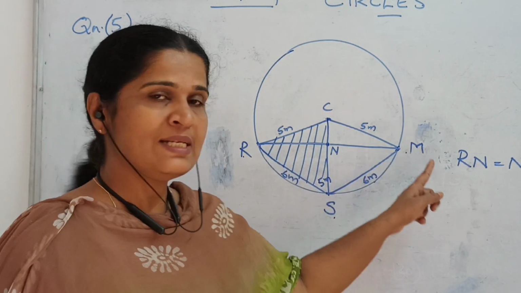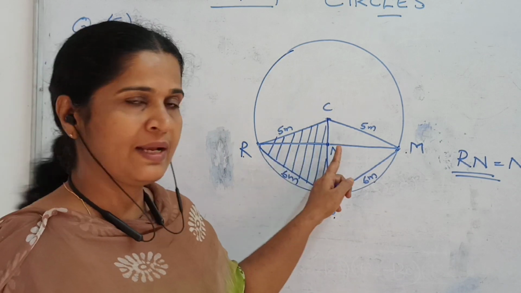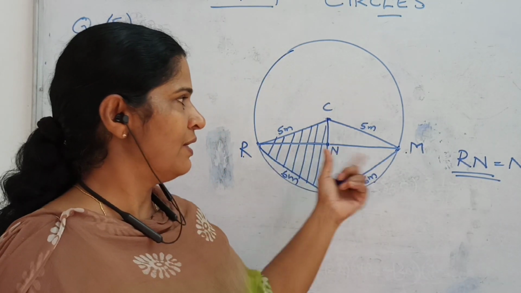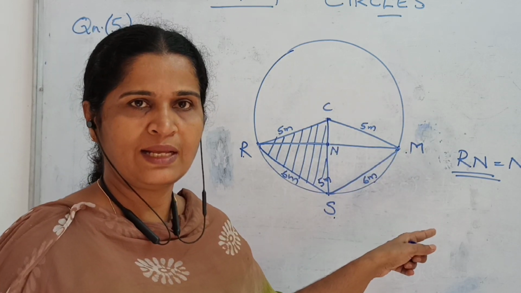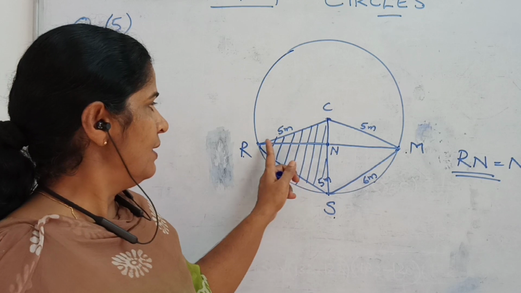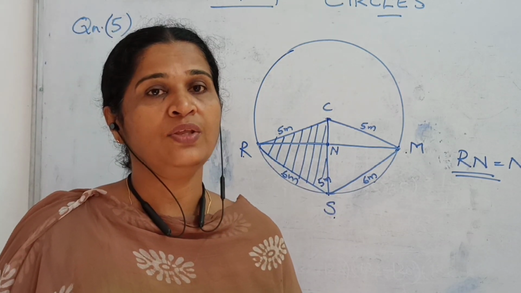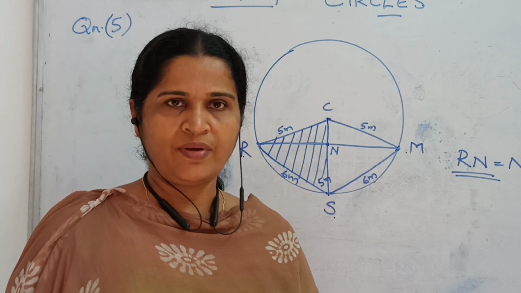Since these two parts are equal, if we can find RN from this triangle, the same we can write for NM, double of that. So how can we find out this RN? For that, we are using an idea that we have studied earlier, the area of a triangle.